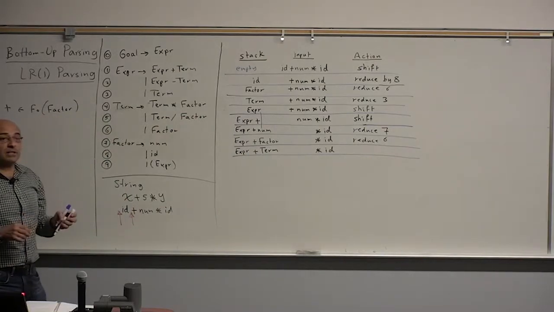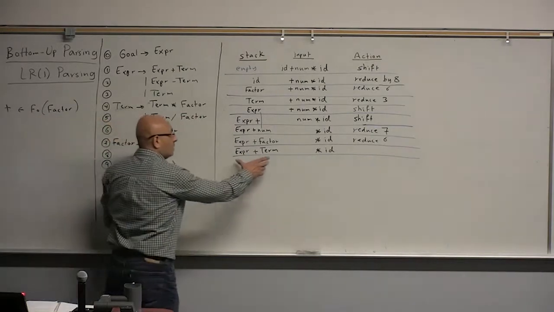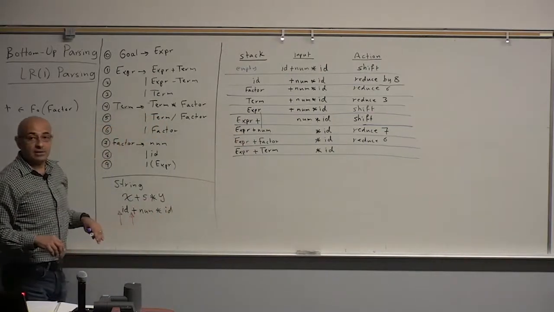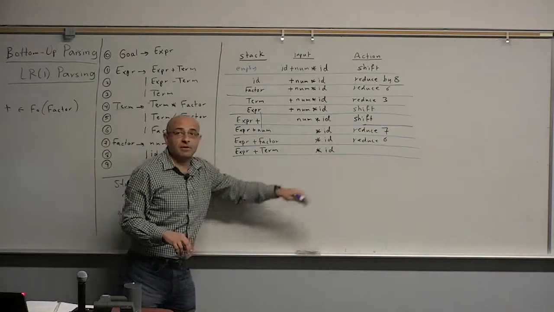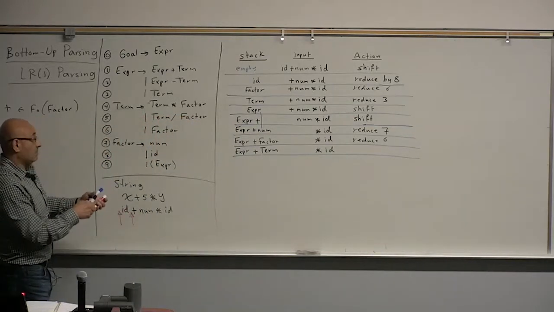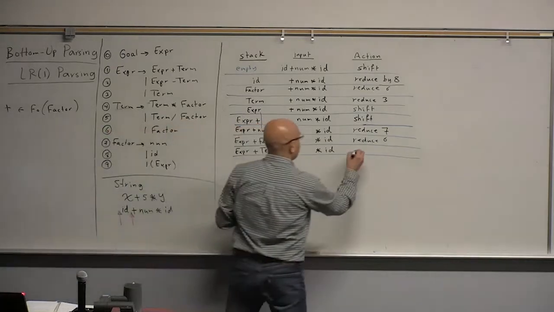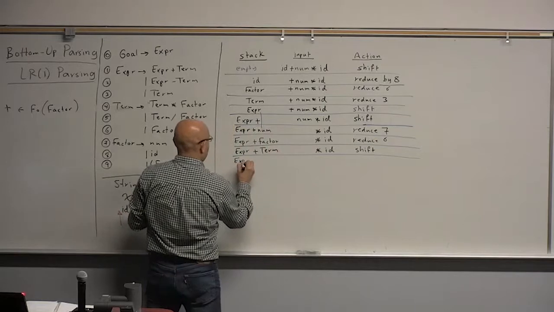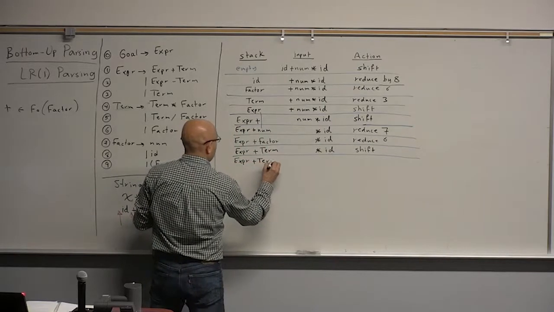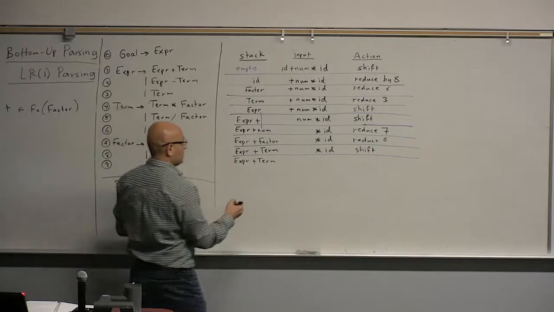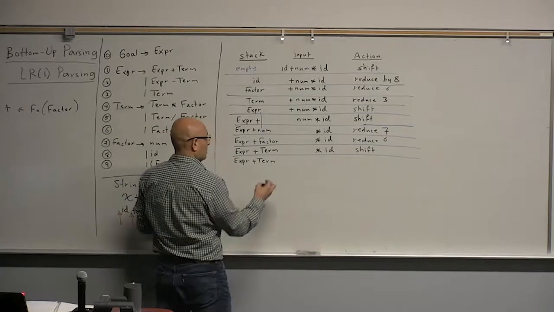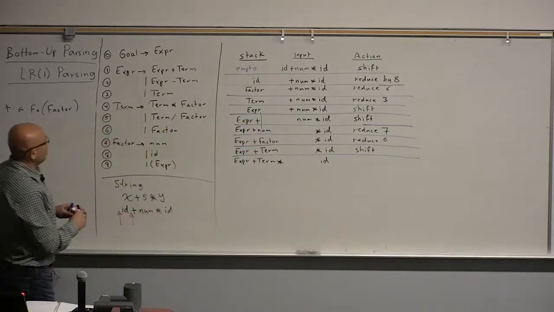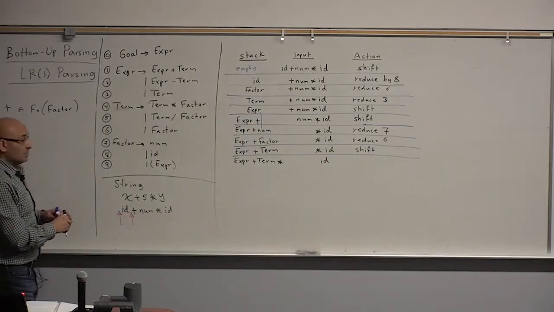So I cannot do a reduction that will make an expression appear here on the stack based on the follow. So now, if I can't reduce, then I shift. And when I shift, I will have expression plus term times, and then I only have ID. Do I have a rule that ends with times? No. Then I shift.